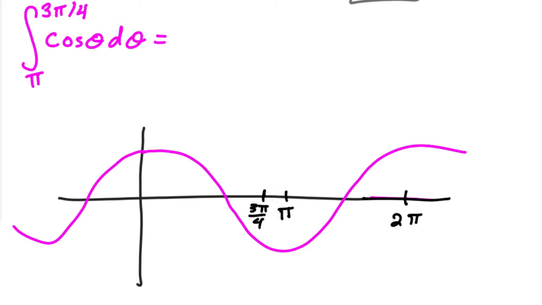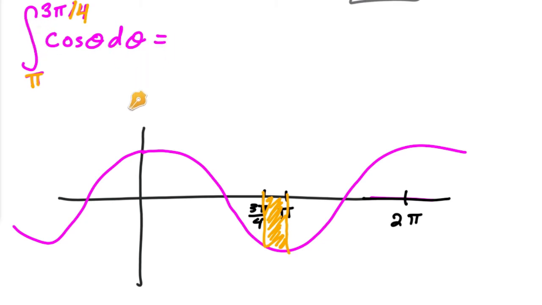Now notice that these are not going from smaller to bigger. This is the area underneath the curve, but it's going from a bigger number to a smaller number. Now, from the properties of integrals, you might be thinking, oh, well, we have to flip it because it has to go from smaller to bigger, and then you have to do the negative sign on the outside and all that stuff.